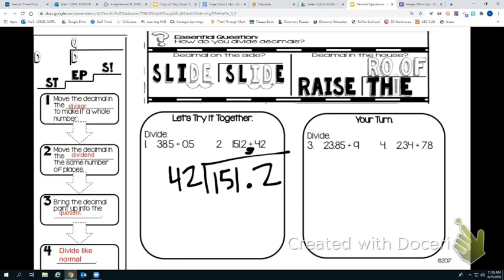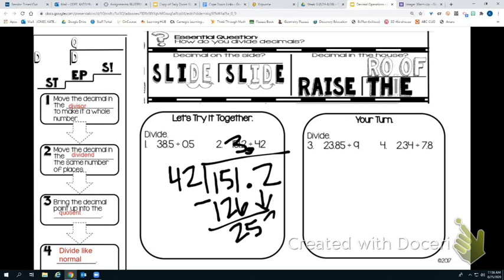All right. So 42 can't go into 1, 42 can't go into 15, but 42 can go into 151 3 times. So then we're going to take away 126. And when you subtract those, you get 25.